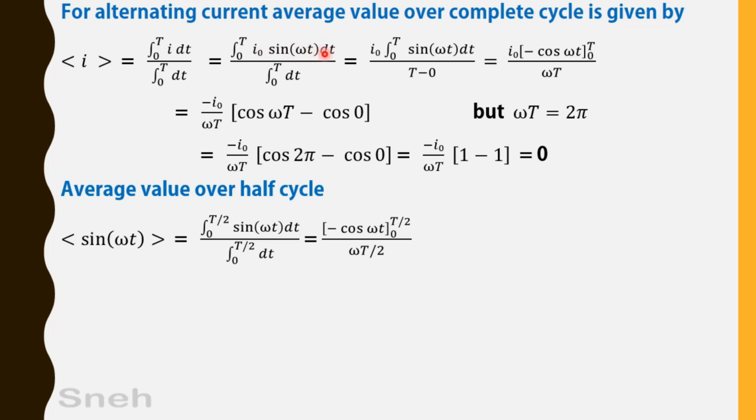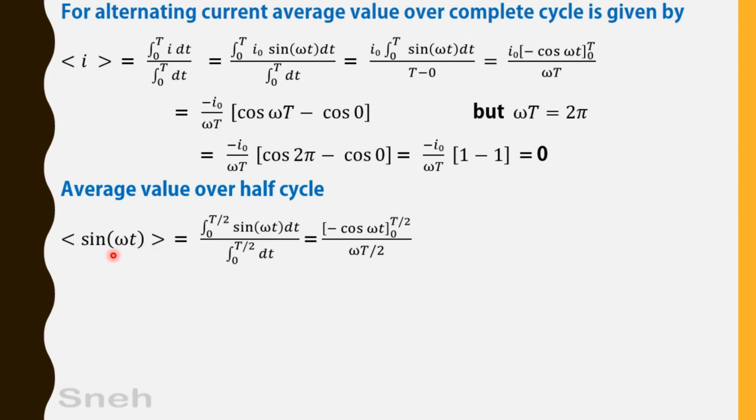Due to that, instead of finding the average of I directly, I'll find the average of sin omega t, and then I'll multiply that with I0, because I0 is the multiplying factor which is constant for the integration, or I'll multiply it with the peak value.